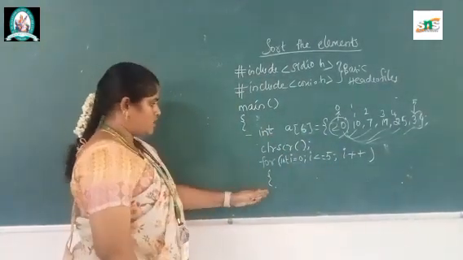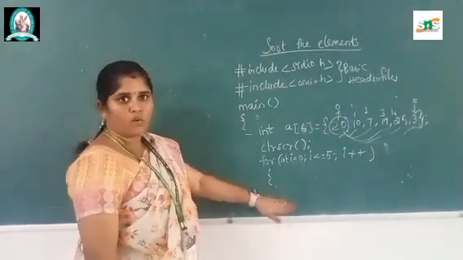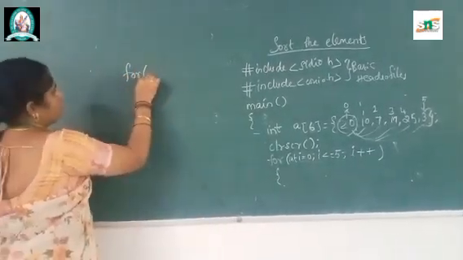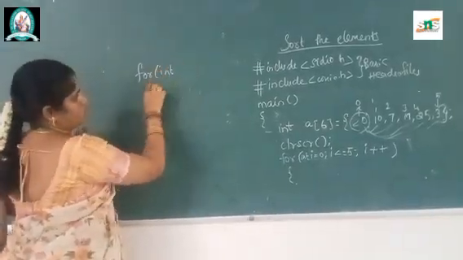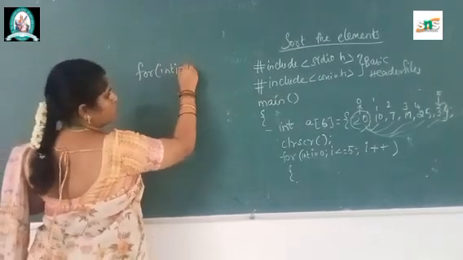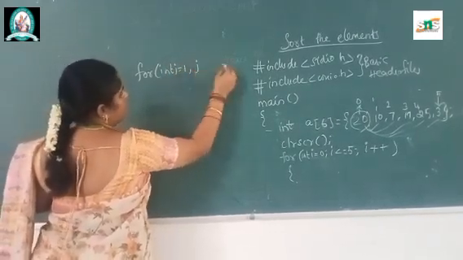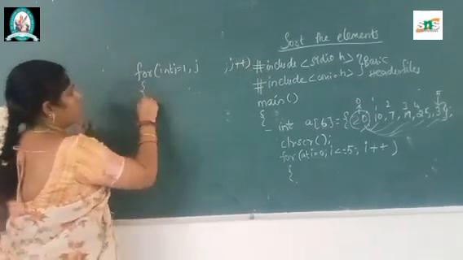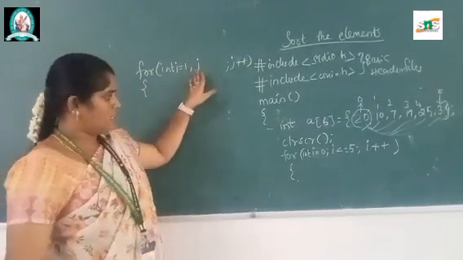For that, I need to create one more for loop. The same procedure applies; it includes 3 parts. Int j is equal to 1, then I need to specify the j condition and the increment part. Here I need to check the condition.